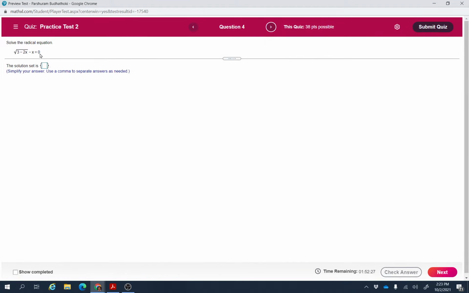This is a very similar kind of equation, so I'm going to skip it. But just one thing: before you solve this equation, like the previous problem, you have to bring x to the right side.